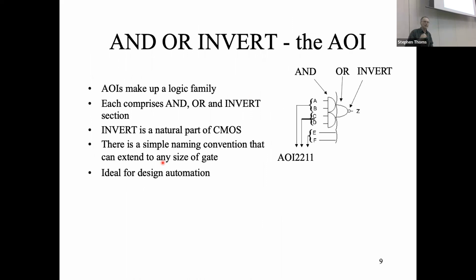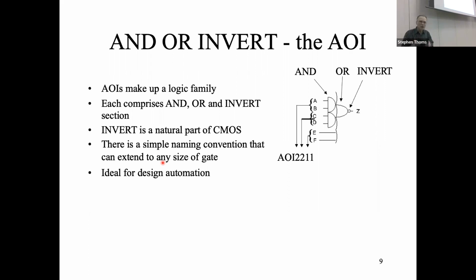What you find is that you have some standard types of gates which are defined, and you have two families of them. You have the AOI, AND-OR-invert, and you also have the OAI, OR-AND-invert.